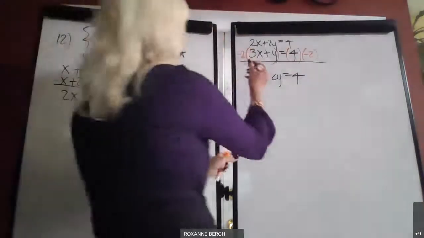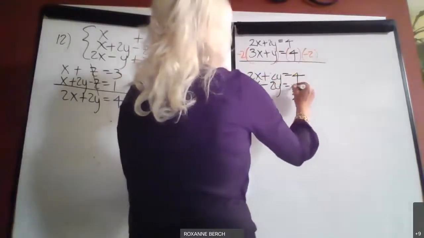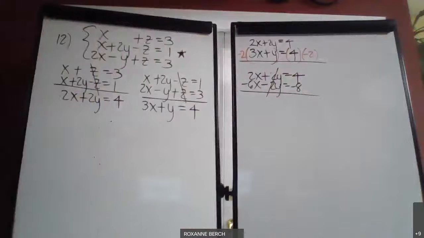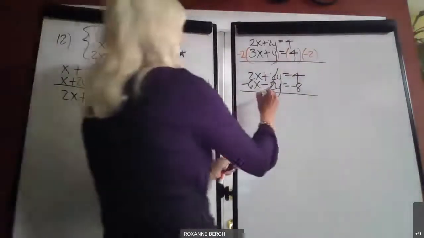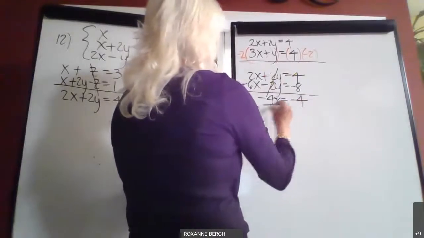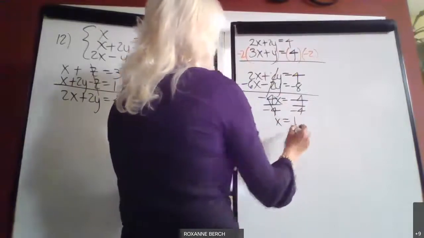But I'm going to continue on here. -6x minus 2y equals -8. And I just eliminated y. So you get -4x is equal to -4. And when you divide by -4, x is equal to 1.